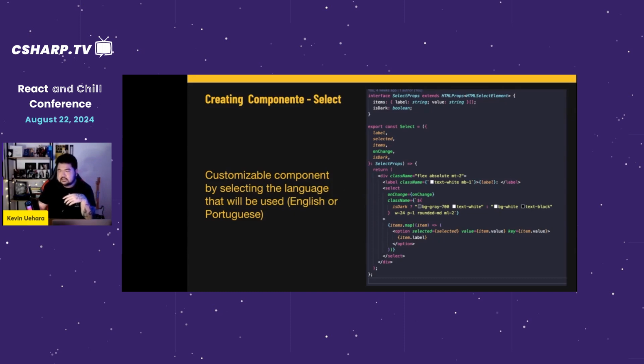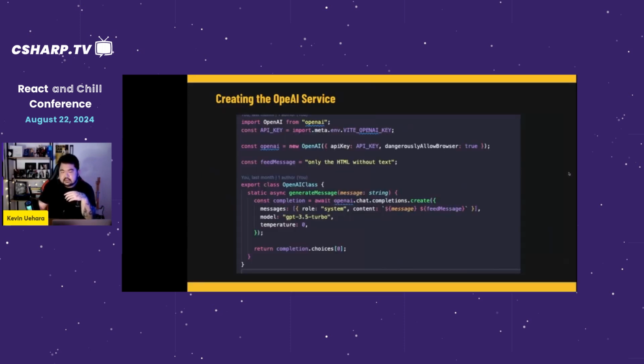Hard to pronounce this, so ignore this fact. Creating the OpenAI service. I prefer to create a class when I'm going to work with some API. I create this class that will generate the message.